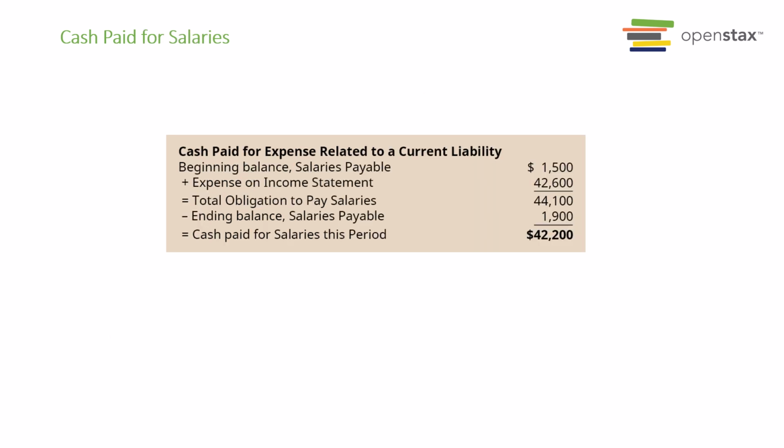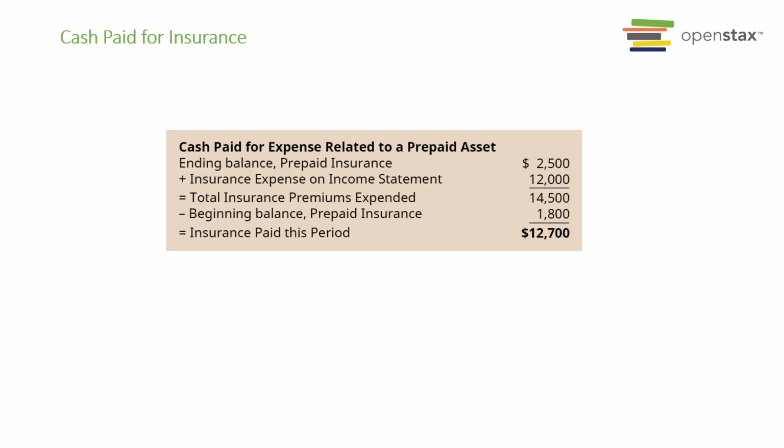Now we're going to continue that process with the other direct pays that we list in our operating section of the cash flow statement. Salaries payable, beginning balance in the salaries payable, we add the expense off of our income statement. That's all the salary they needed to pay. We check the ending balance on the balance sheet, and we can see how much they actually paid for salaries in the period.